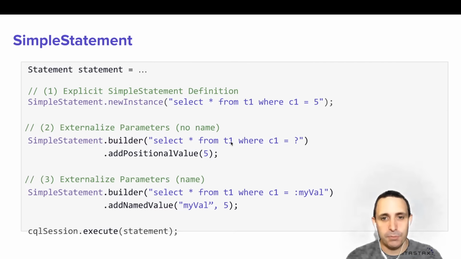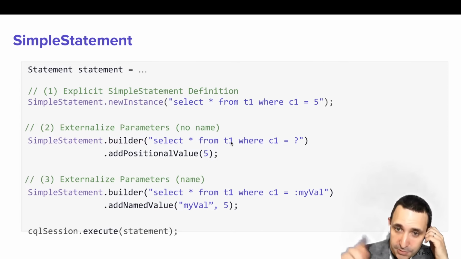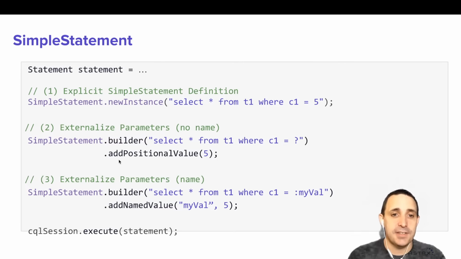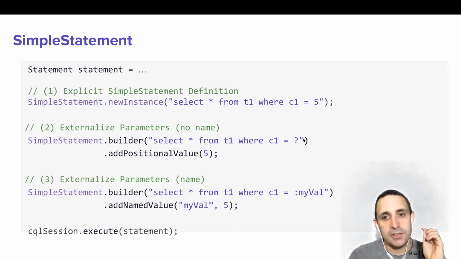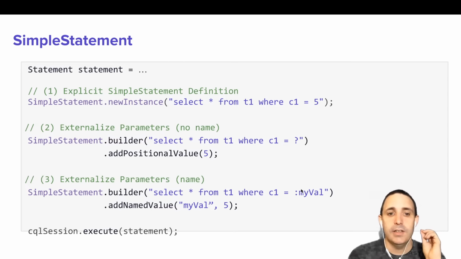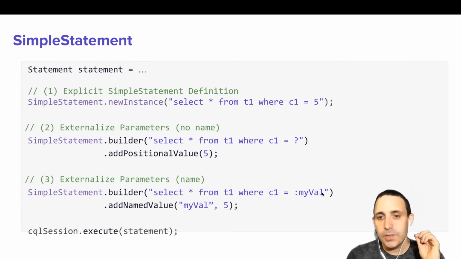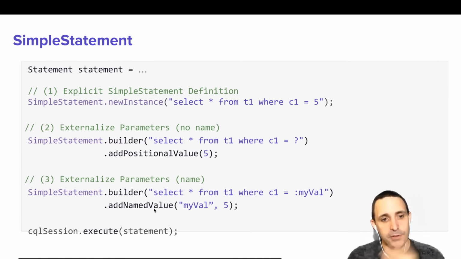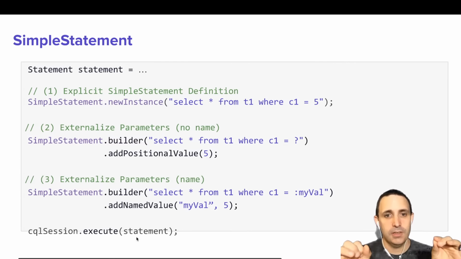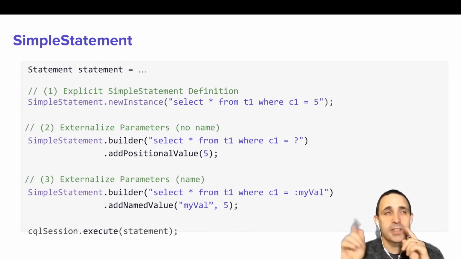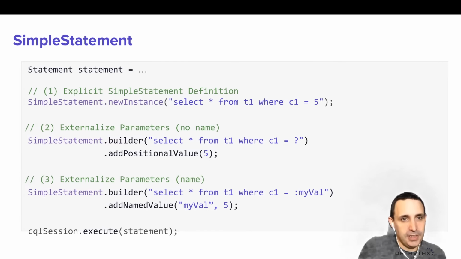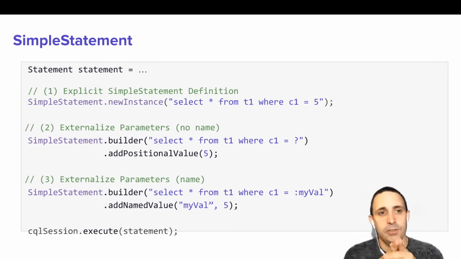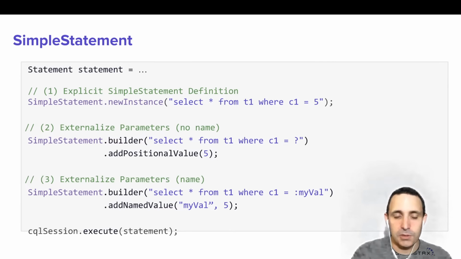First baby step to improve, externalize the value using question mark and use positional values because it's question mark, or a label, colon label, and I will add name view and I will execute my statement. Okay, so in the next exercise, you will first create a table, and then you have to implement a simple statement.